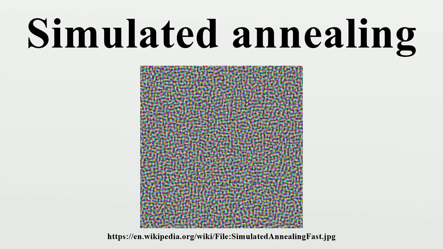Graduated optimization digressively smooths the target function while optimizing. Ant colony optimization uses many ants to traverse the solution space and find locally productive areas. The cross-entropy method generates candidate solutions via a parameterized probability distribution.